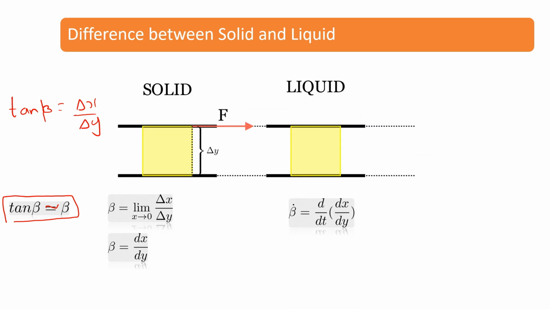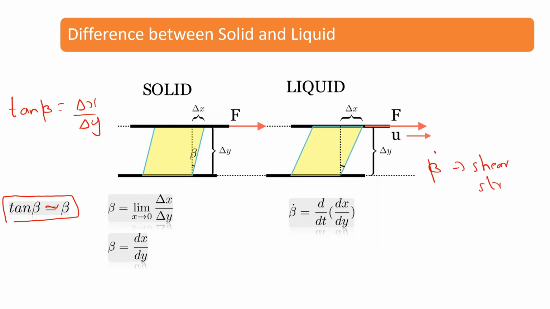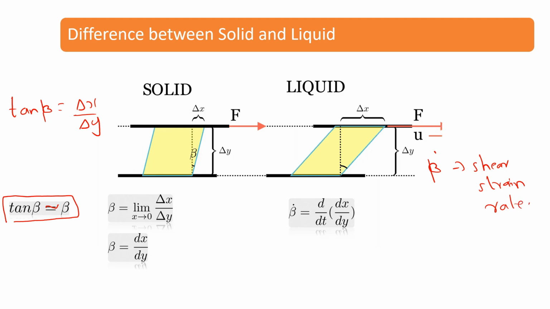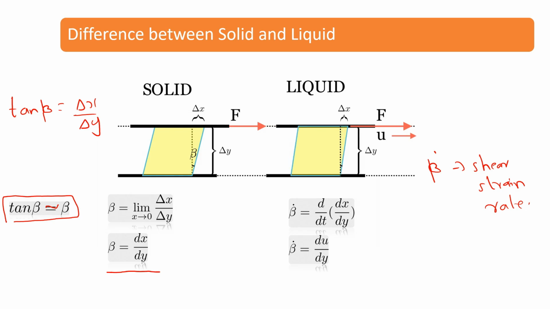So in fluids, we are not taking shear strain, we are taking shear strain rate, that is beta dot. So that is equal to d by dt of dx by dy, which is equal to du by dy. That is very important. In a solid, we take beta, that is shear strain, and in a liquid we take beta dot, that is equal to du by dy.